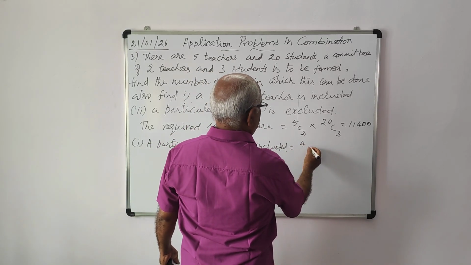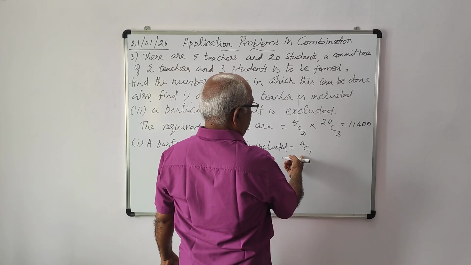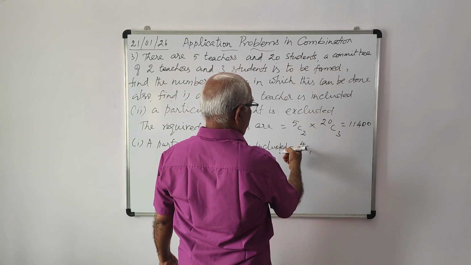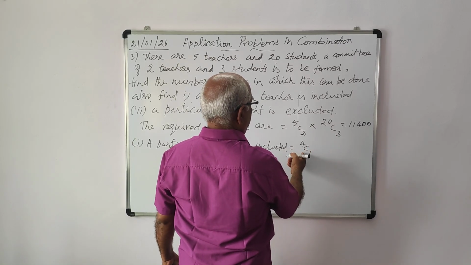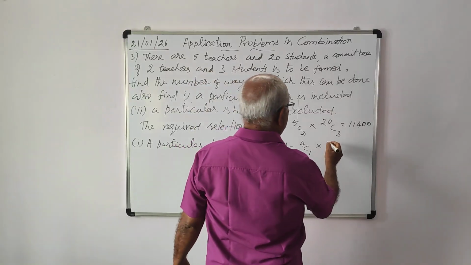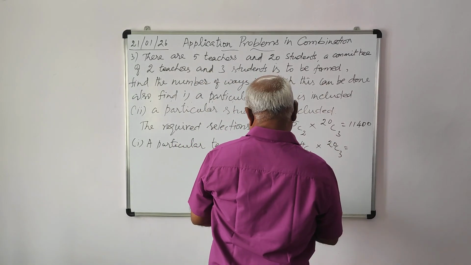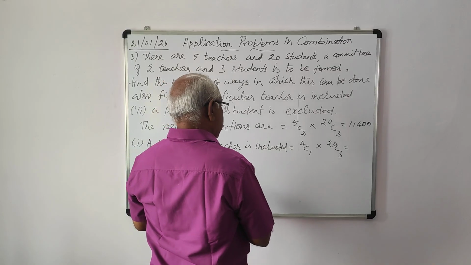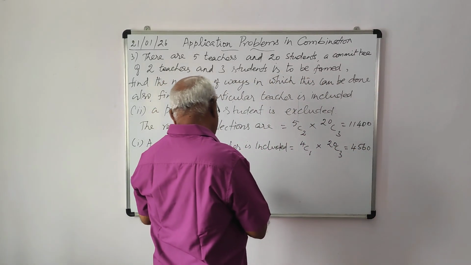Out of 4 teachers, 1 teacher should be selected because 1 teacher is already selected, and you have to select 2 teachers. And the students, out of 20, you have to select 3 students as usual. That's all about this case. On simplification, you will get 4,560.